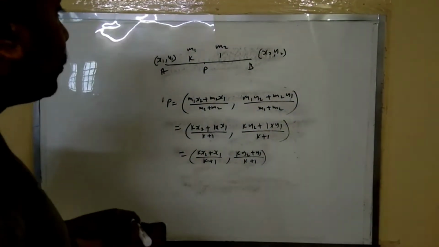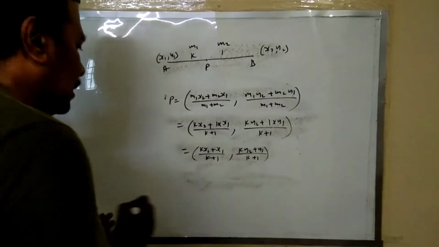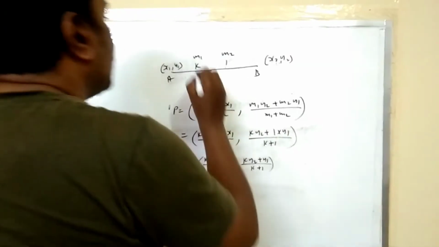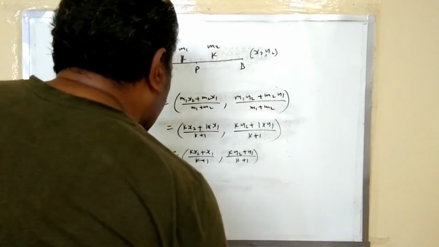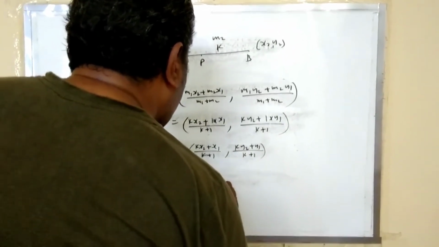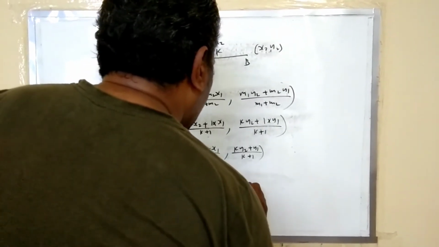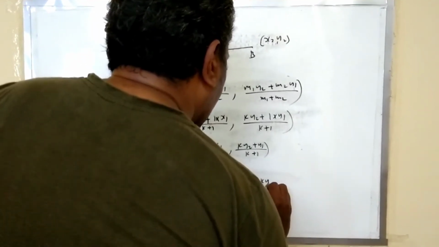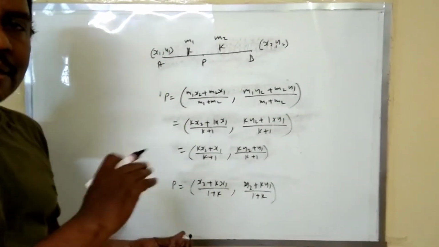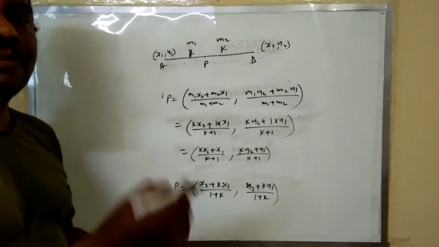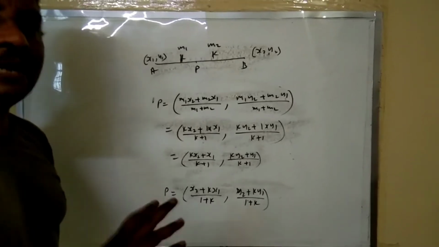Suppose P divides the line segment in the ratio 1:k, then it becomes (x2 plus k x1) by (1 plus k) and (y2 plus k y1) by (1 plus k). Only the order is reversed, that's all. It doesn't make any difference.